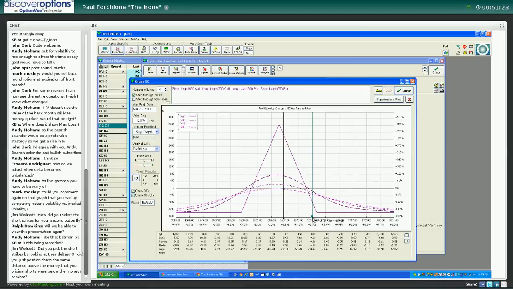So since our short strikes are about 40 points below the current price of the market, we now go above the market and pick short strikes at a price that's, say, right here around 720, 729.